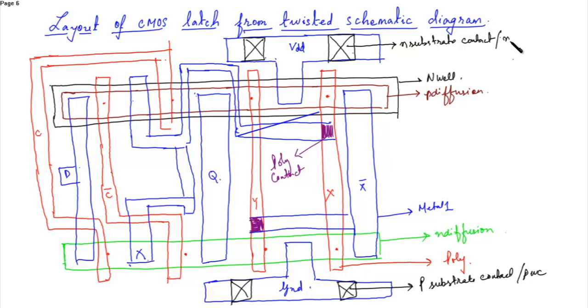This is your NWC contact. In order to make a contact between the P diffusion layer and this, you have to place a P diffusion contact.